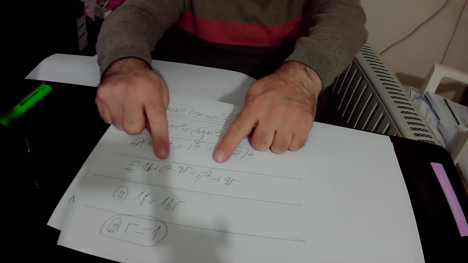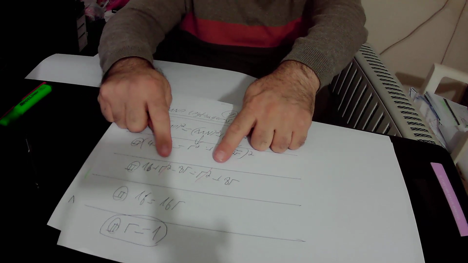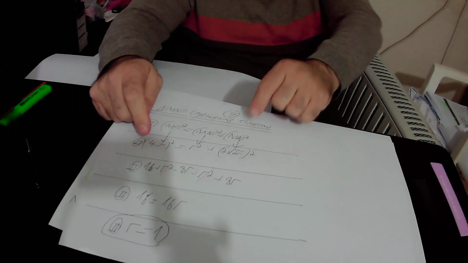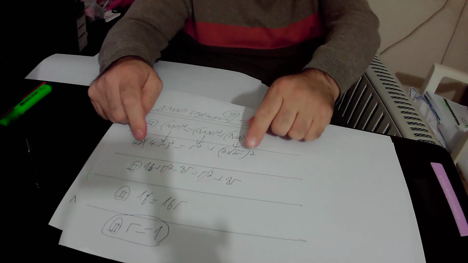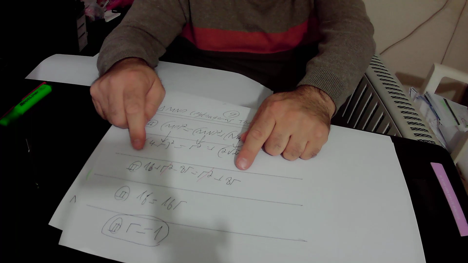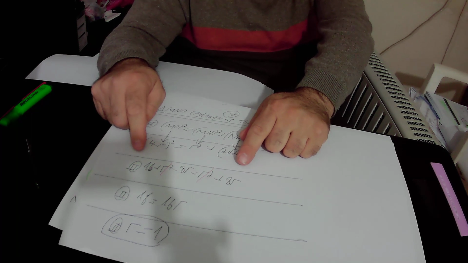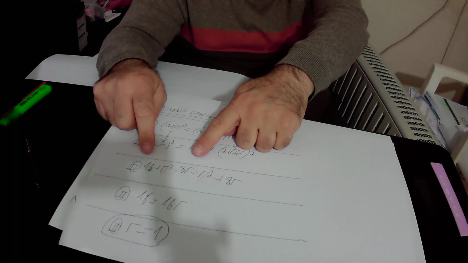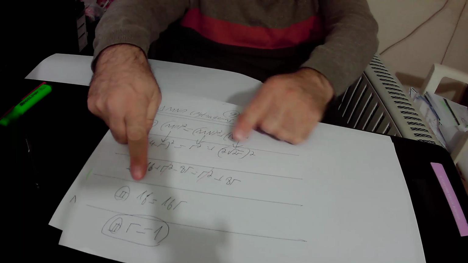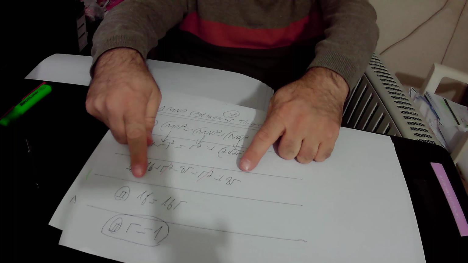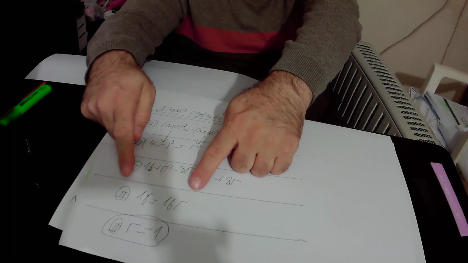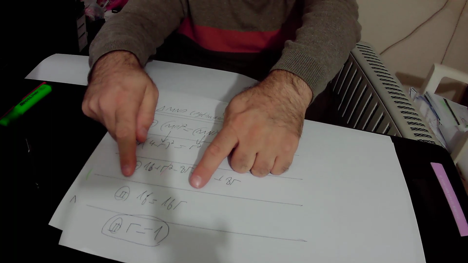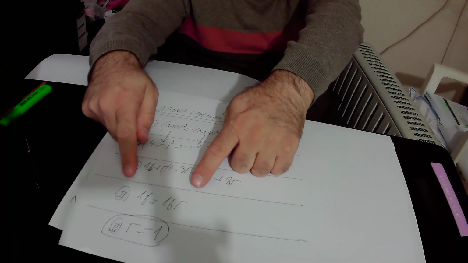Here we have R square on both sides of equation number 2, so R square will get cancelled. And we added 8R to this equation, and we got that 16 minus 8R plus 8R equals 16, and 8R plus 8R equals 16R. In total we got that 16 equals 16R.